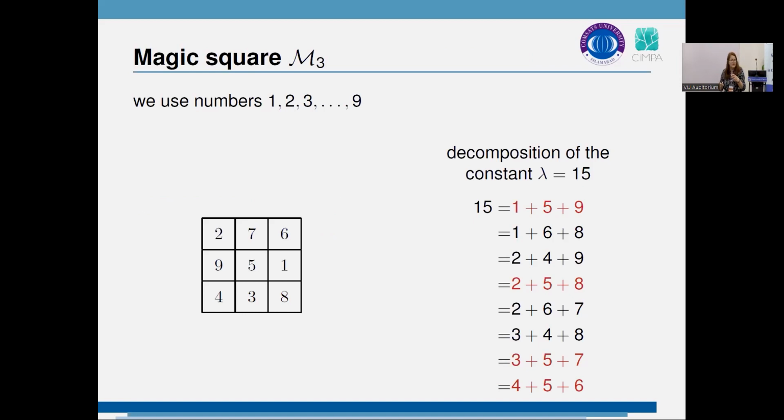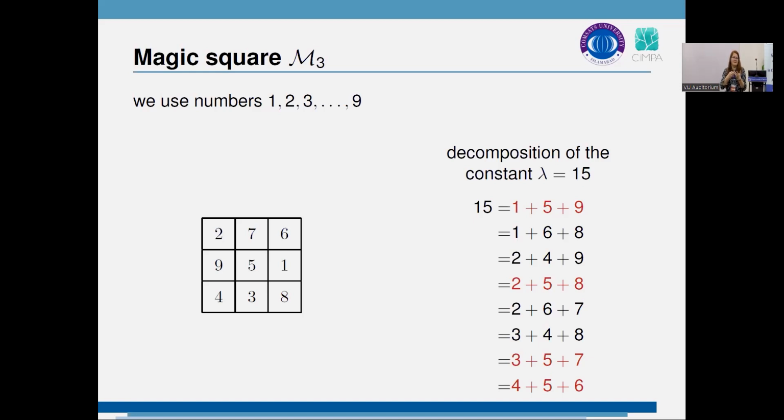Up to isomorphism, no. This is the only way. You can rotate it, but up to isomorphism, this is the only case. So we have exactly 1 of order 1, none of order 2, 1 of order 3.